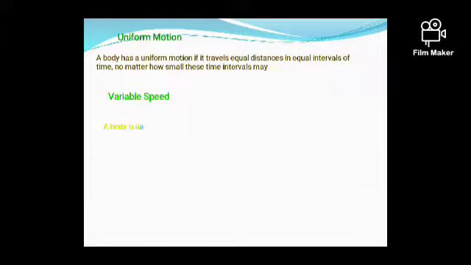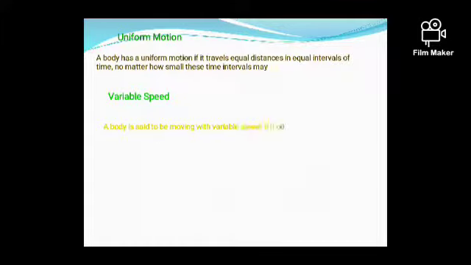A body has uniform motion if it travels equal distance in equal intervals of time. So uniform motion and uniform speed have the same definition. It doesn't matter whether the time interval is large or small.